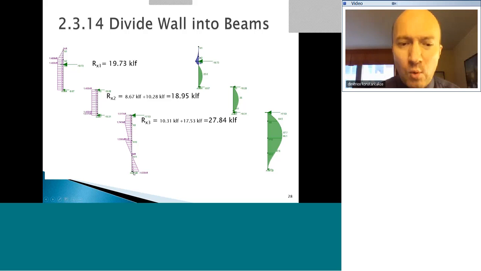Once we have applied the loads, we'll see what the moment diagrams are, what the reactions are. The first reaction is fine, we can take the load directly from here, horizontally at least. On the second reaction, we have to add the 2 components, this and this. And on the third level, we have to add this and this horizontal component. And we also get our bending moment diagrams.